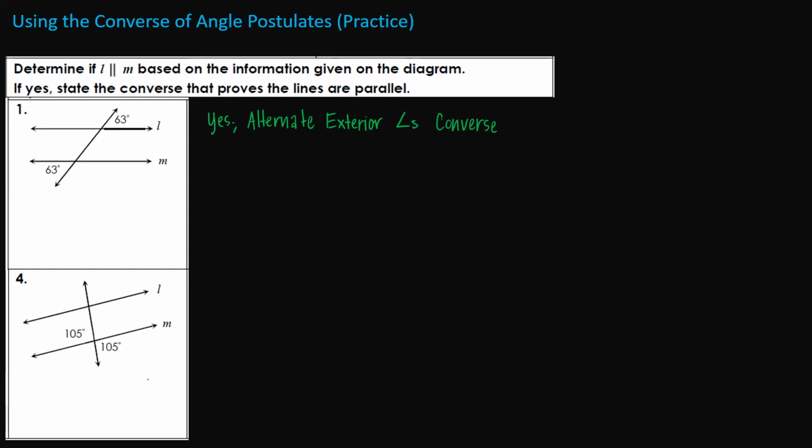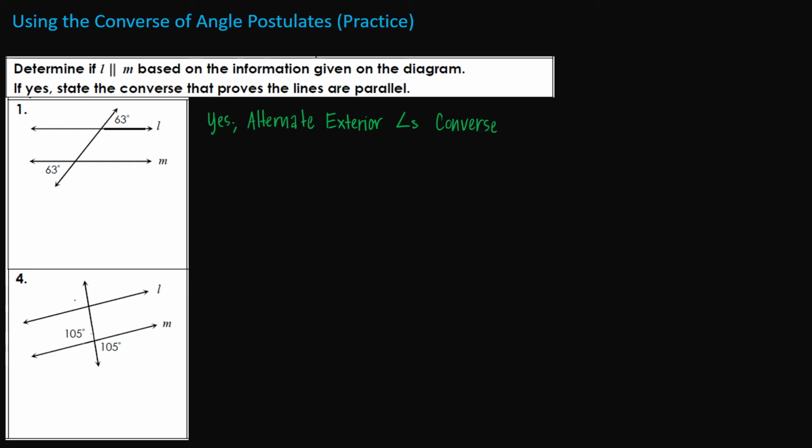Now let's look at number 4. I see two 105-degree angles. I see that they are congruent, but they have a different relationship. This is a pair of vertical angles, meaning that when two lines intersect, the angles across from each other are the same measure.